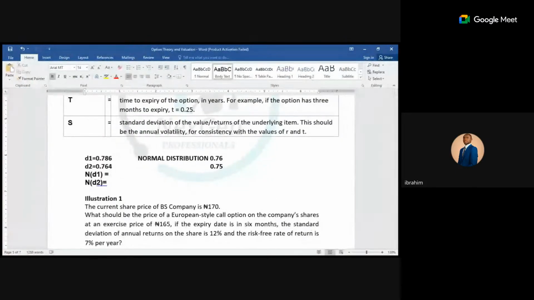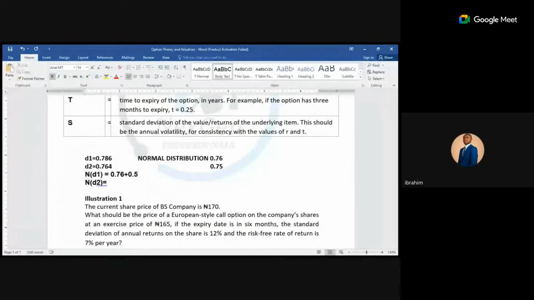Let's assume that you check for this in the distribution table and you have 0.75. So you can have 0.76 plus 0.5.